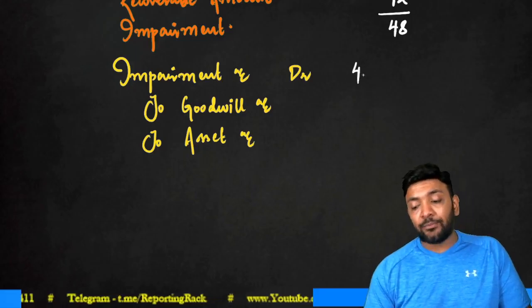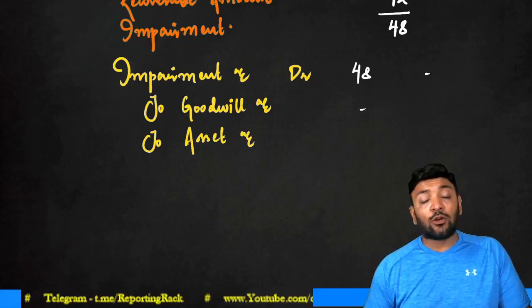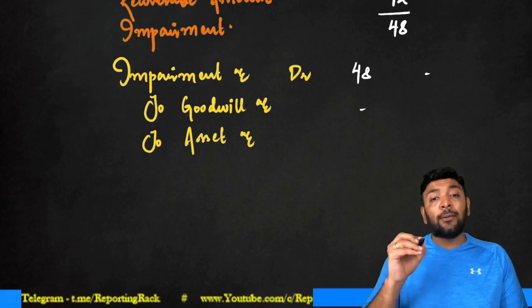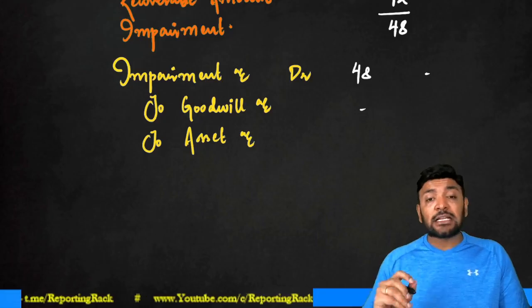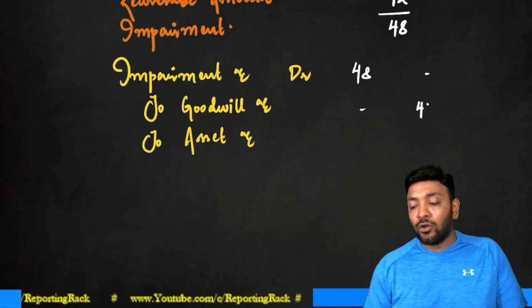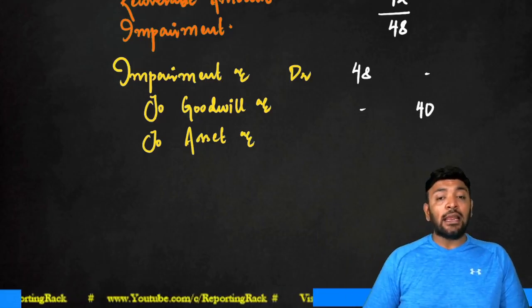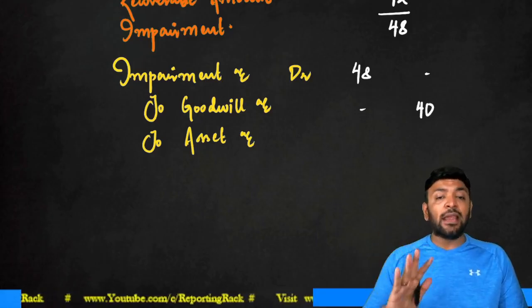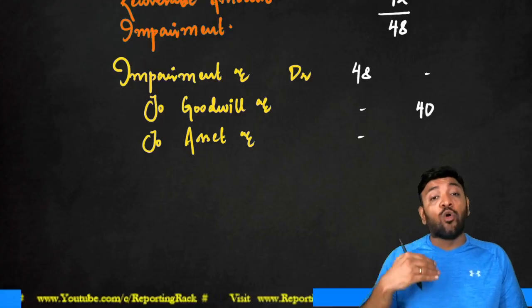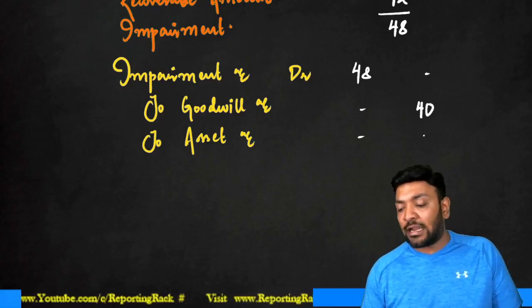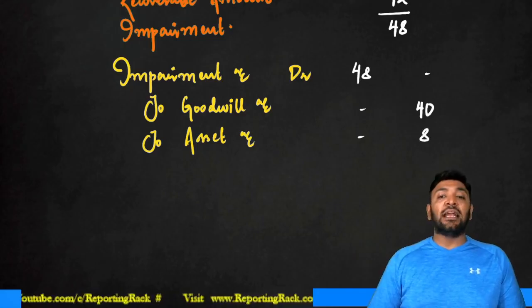Impairment is 48. The entire amount of impairment should be first allocated to the value of goodwill. Goodwill allocated to the asset is 40. Entire amount of goodwill should be written off. Balance if any, that means if your impairment is more than the carrying value of goodwill allocated to it, then the balance 8 will be taken.